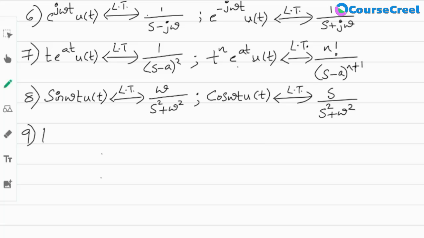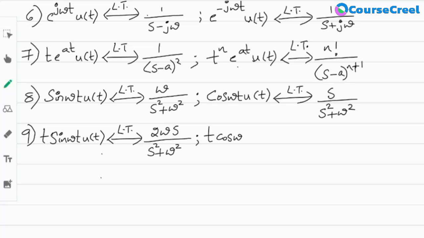And the next pair is Laplace transform of t into sine omega t u of t, which is equal to 2 omega s by s square plus omega square. And Laplace transform of t into cos omega t u of t is s square minus omega square by s square plus omega square.